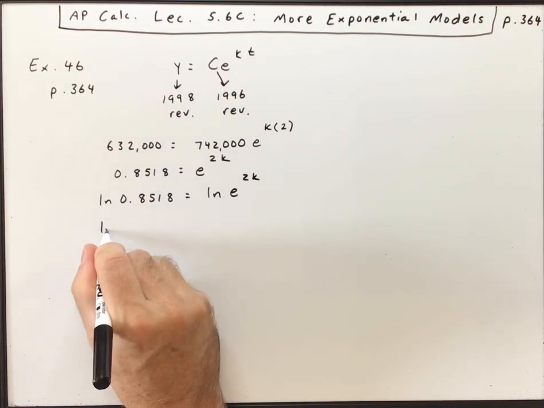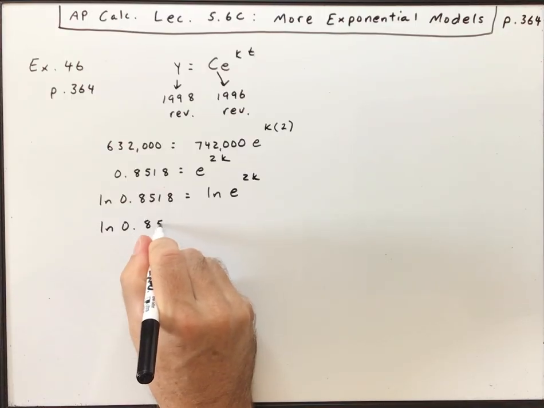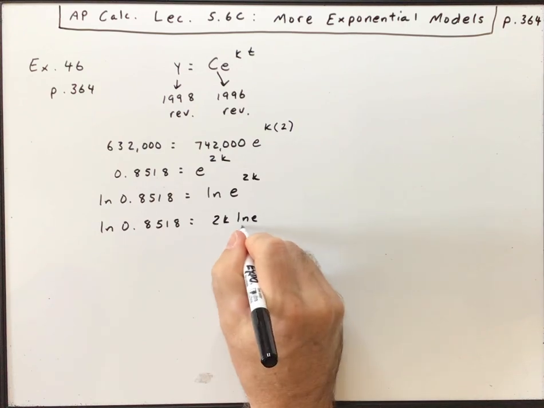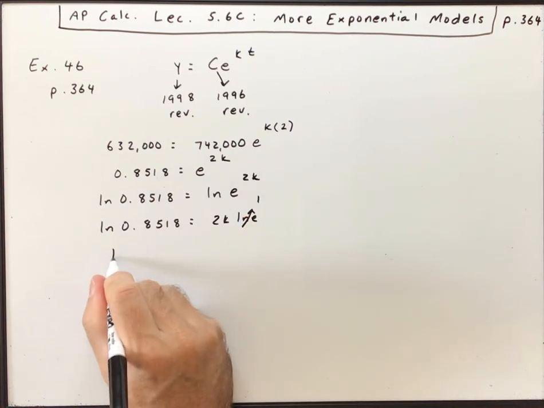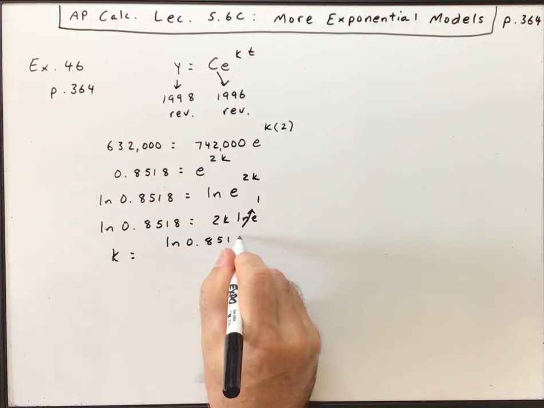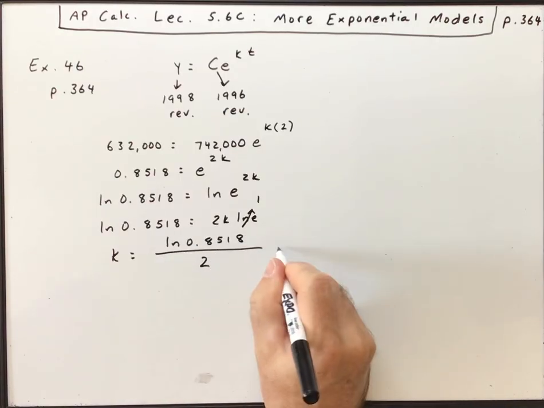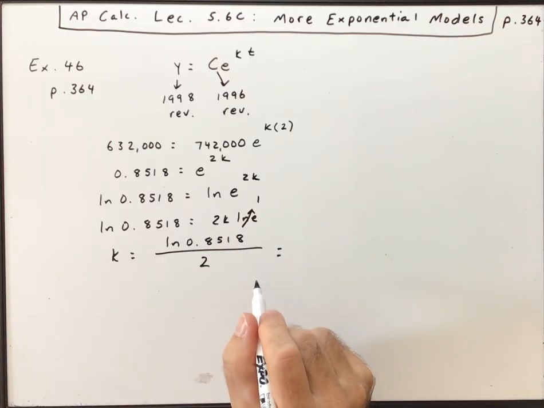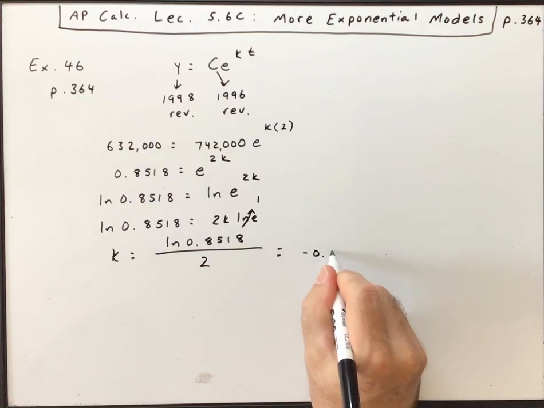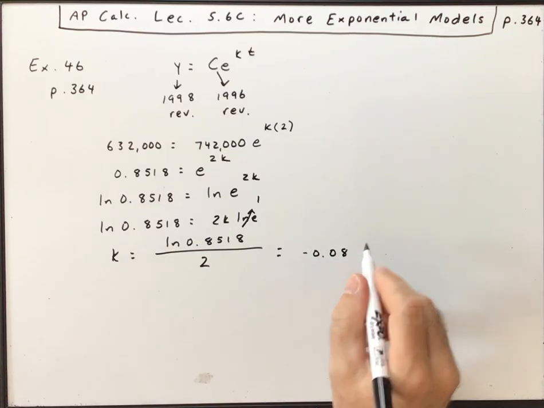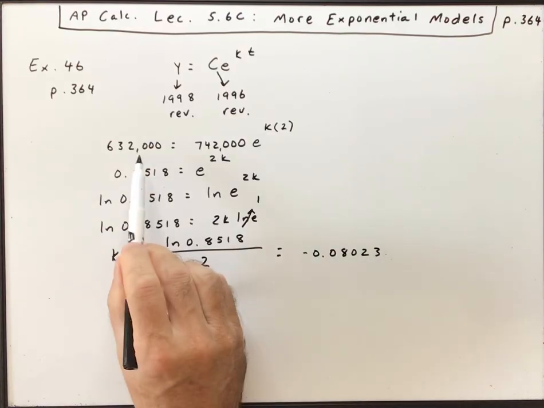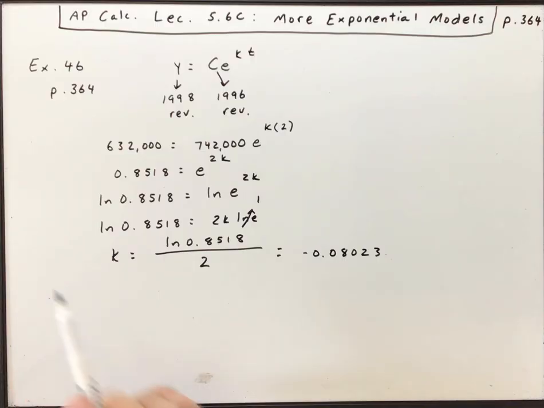We can bring the 2k out front. So k is equal to the natural log of 0.8518 over 2, and that's negative 0.08023. It makes sense that k would be negative because the numbers are declining.